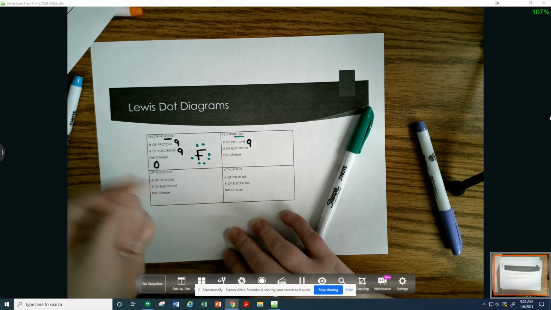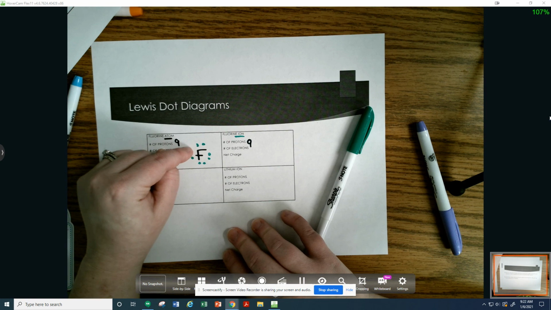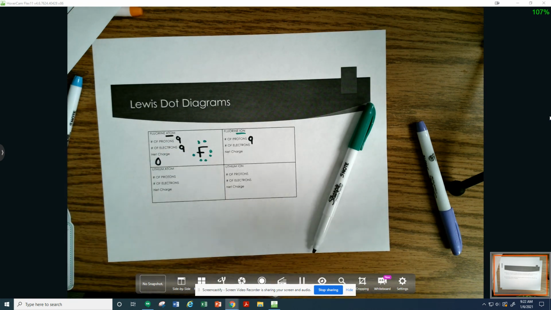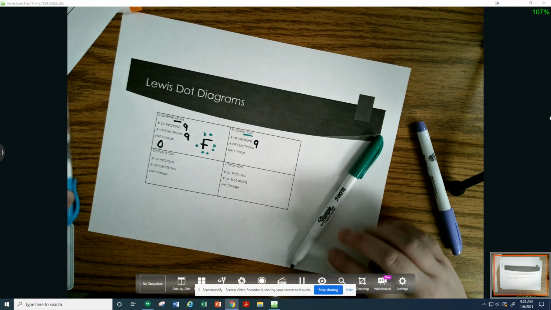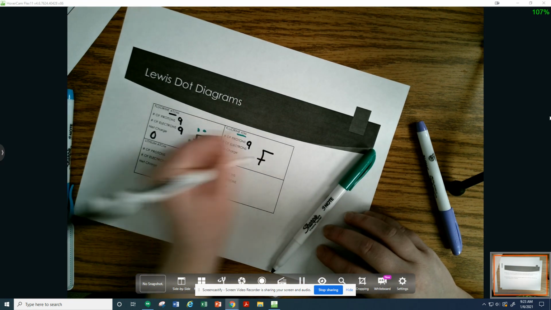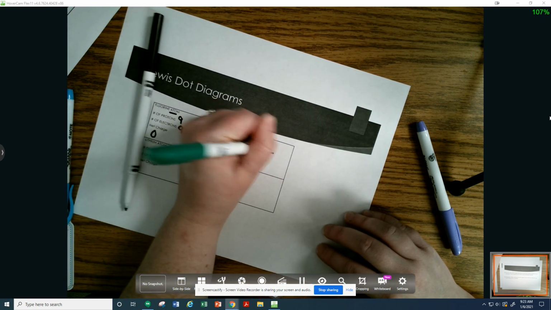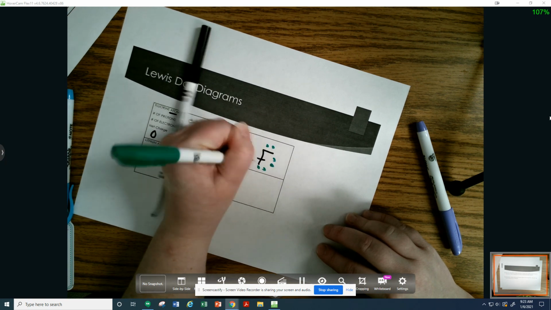If it goes through a gain to fill this octet, it only needs to take in 1. Again, it's always going to go with whatever is easiest, a gain or a loss, that involves the fewest electrons having to move. And so it is definitely going to be easier for fluorine to take in 1 electron than for it to lose 7 of them.